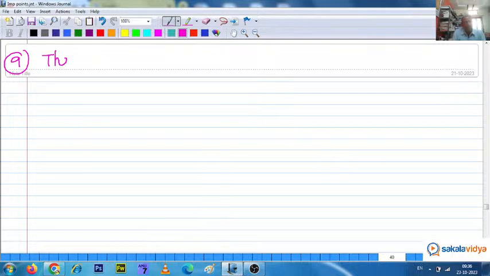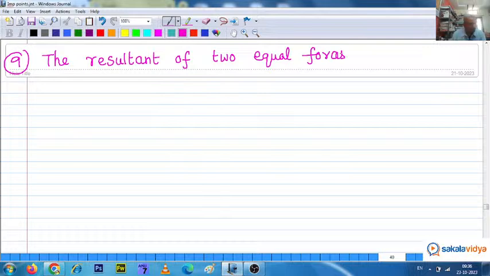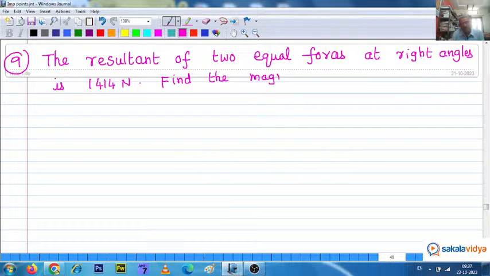The resultant of two equal forces at right angles is 1414 newtons. Find the magnitude of each force.